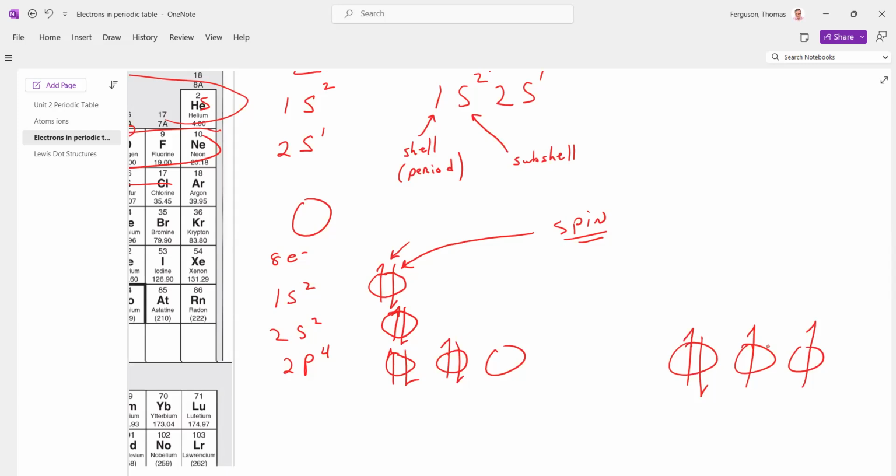So by doing it this way, we've got the best separation between the electrons. Number one. Number two, it's more symmetrical than this one. So as far as stability goes, this is more stable. So that's the preferred one.